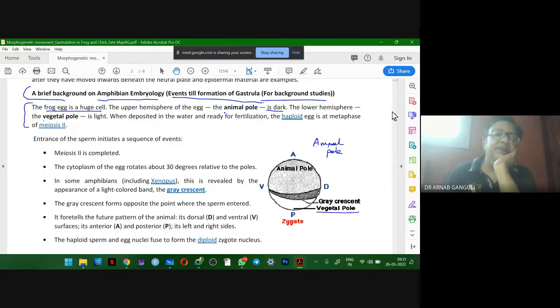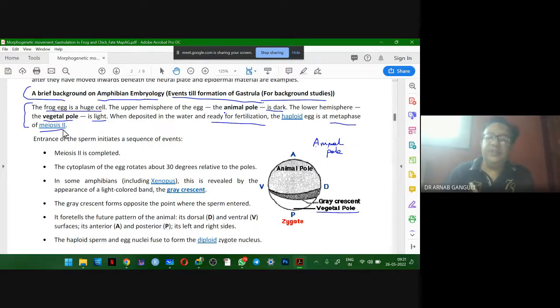The lower hemisphere, that is the vegetal pole, is light. So after fertilization it is deposited in water and ready for fertilization. You know that fertilization in amphibians is external. The haploid phase, like even our human egg, is frozen at metaphase of meiosis 2.